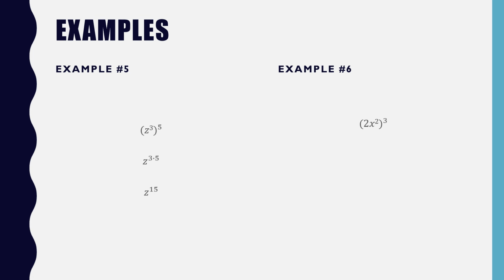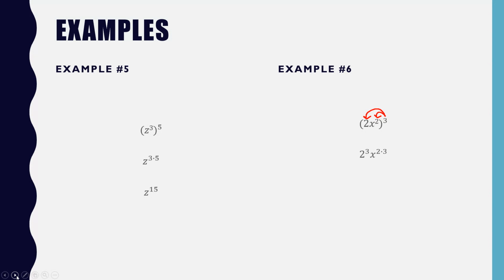Okay, so let's look at another one. Now this is a little bit different this time in the sense that you've got 2 things in there, and it's almost like distributing. So you're taking this 3 and it's going to that 2, but it's also going to this x to the second. So you're applying that 3 to everything on the inside.